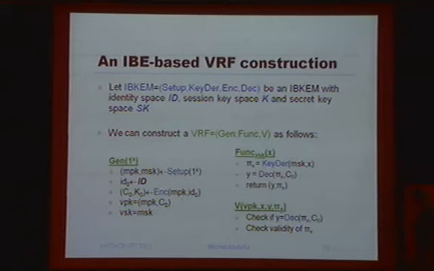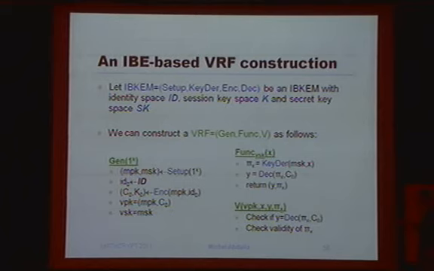Now the F function is this part here: we define pi of x as the key derivation for input x, where x is the identity.